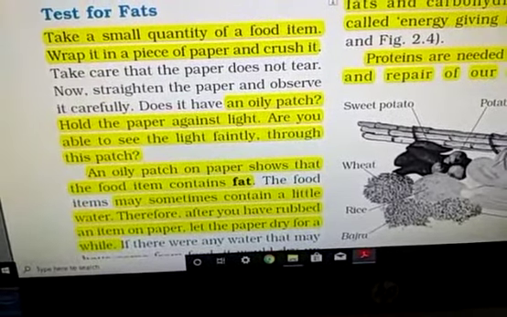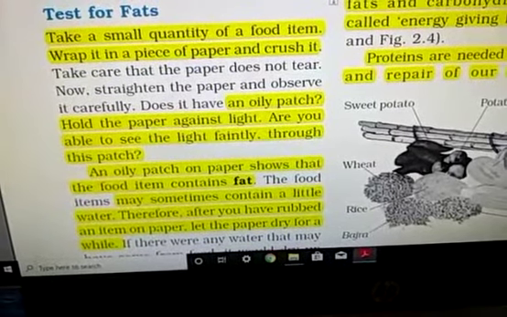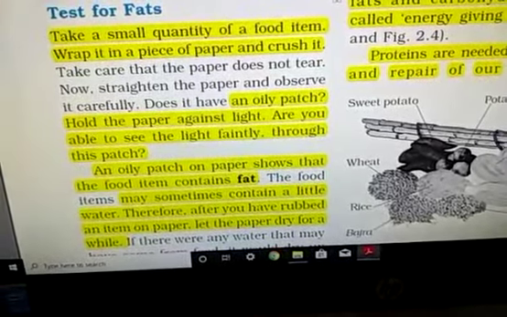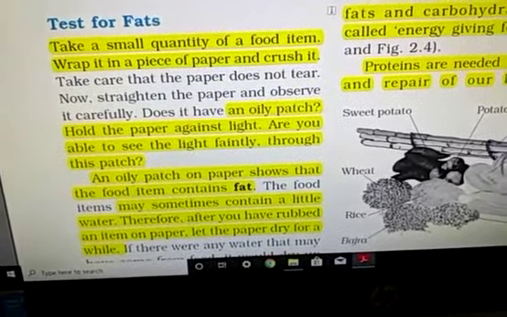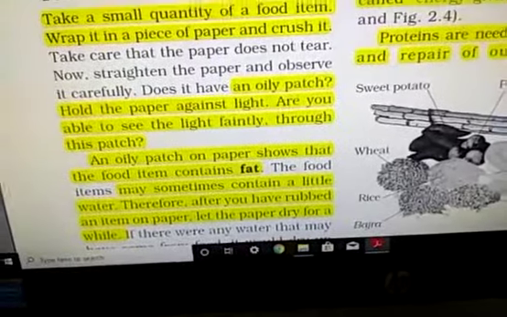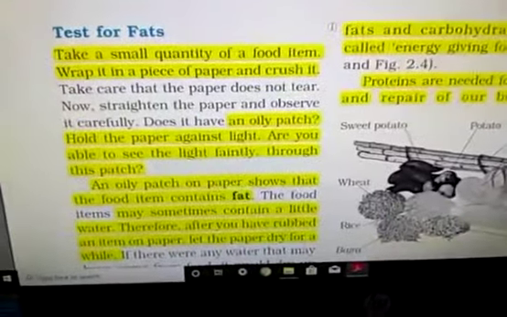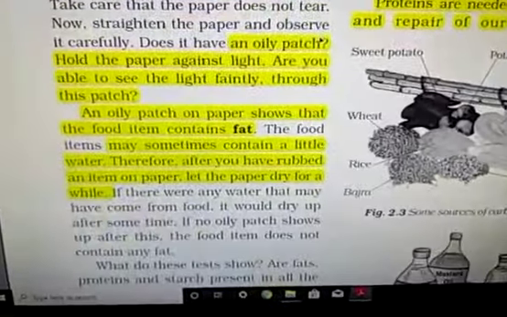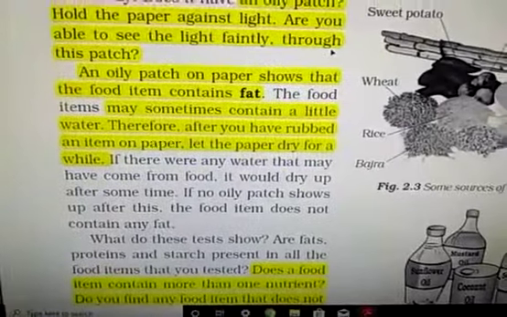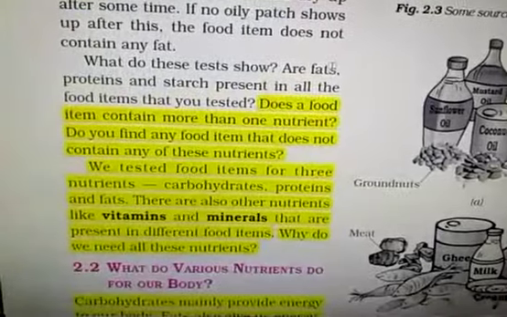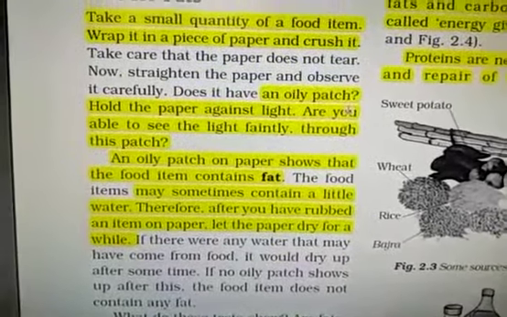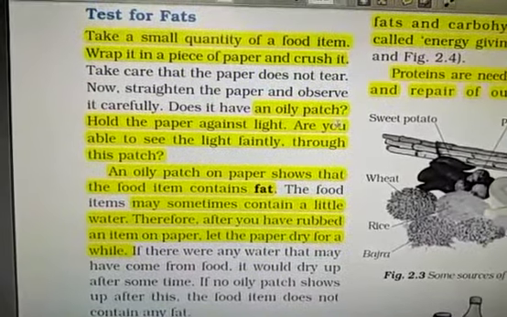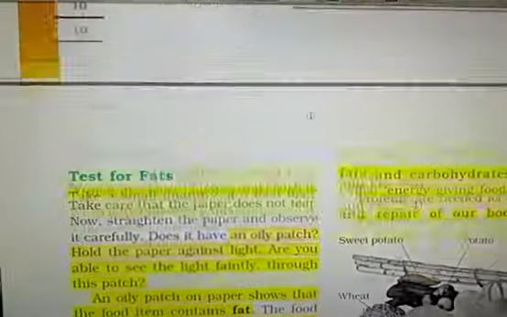So first you dry the paper and then you take the observation. If an oily patch is still there, that means oil or fat is present in your food material. When you see this paper in the sunlight, you will see that this paper becomes translucent, right?